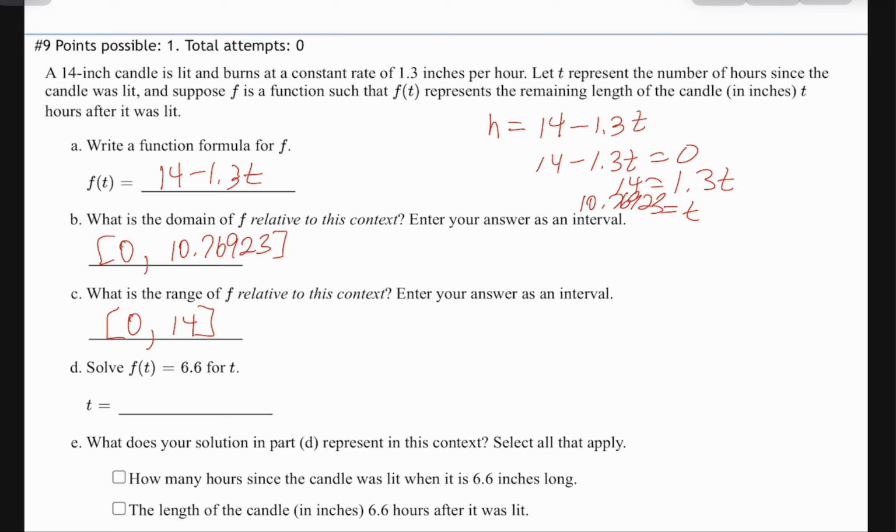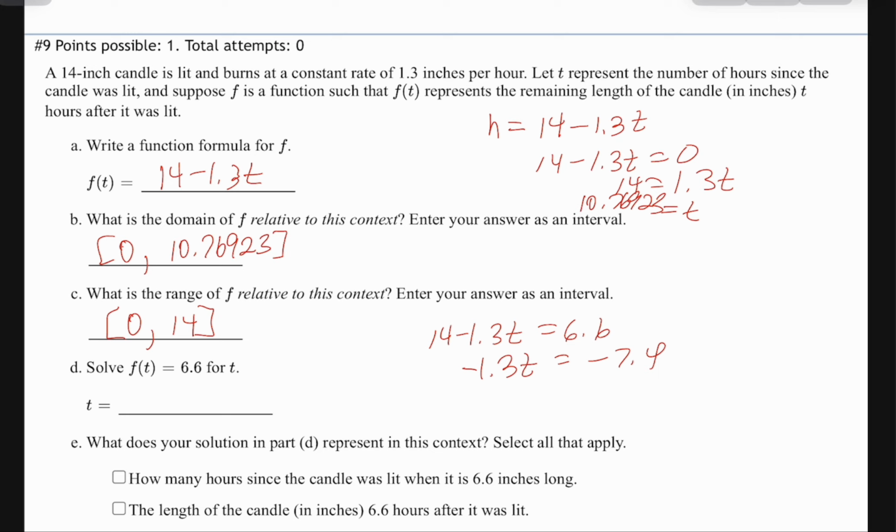Now, f of t equals 6.6 means that the function equals 6.6. Adjust yours accordingly if it's different, but just solve that. So I would subtract 14 from both sides. 6.6 minus 14 is, in my answer, negative 7.4.